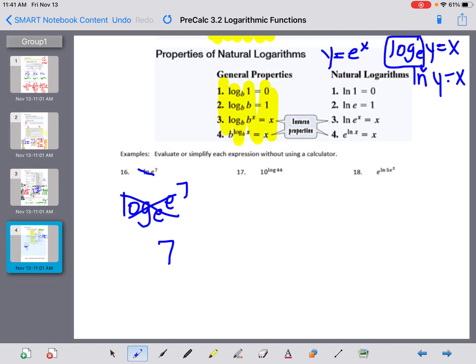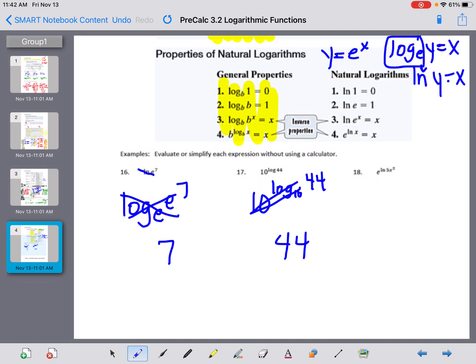Okay, so on number 10 here, remember, this log up top here is that base 10, so it's like 10 to the log base 10, right? The missing base is an invisible 10, of 44. Well, we know the property says that if I have a base and the power is log to that same base, they cancel, and I'm just left with the 44.